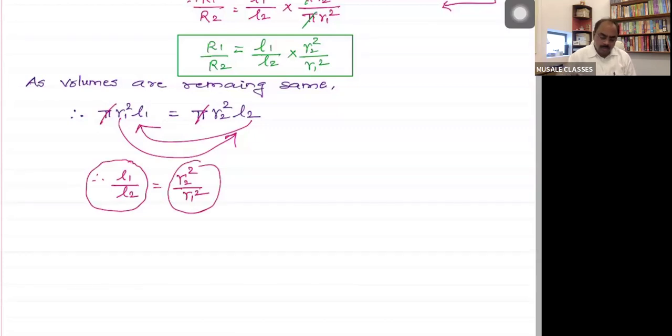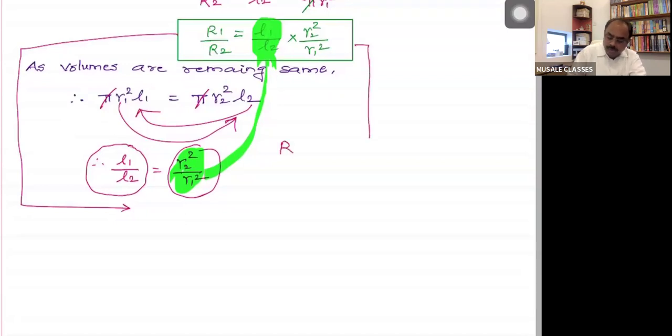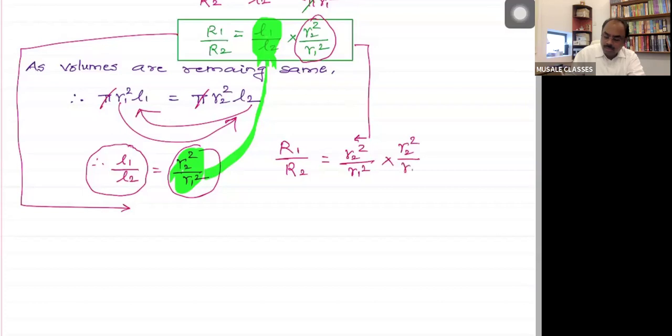Now this L1 upon L2, I will transfer here. I am transferring it here. That means I am replacing this L1 by L2 by R2 square by R1 square. So I will get, from here again, R1 upon R2 is equal to R2 square upon R1 square into, this is already there, R2 square upon R1 square.